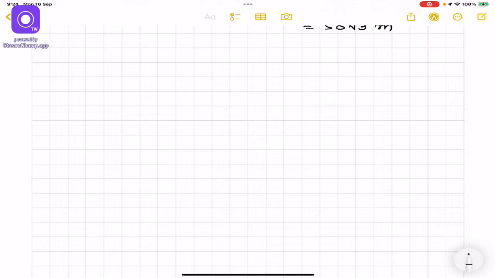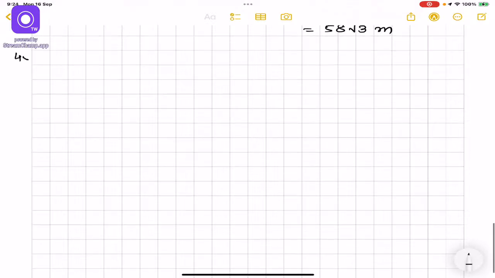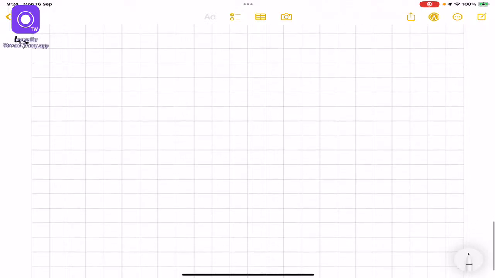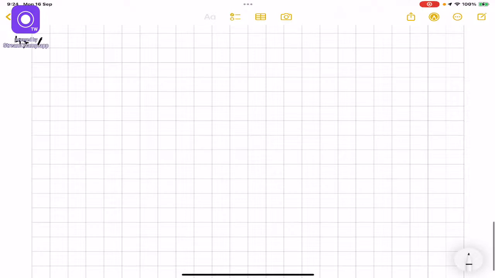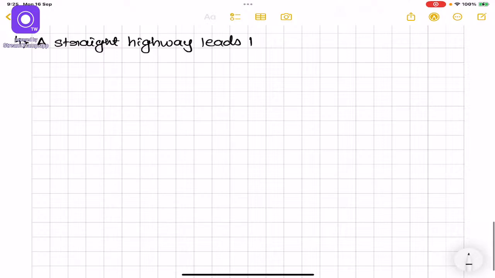Now the fourth one says: a straight highway leads to the foot of a tower.